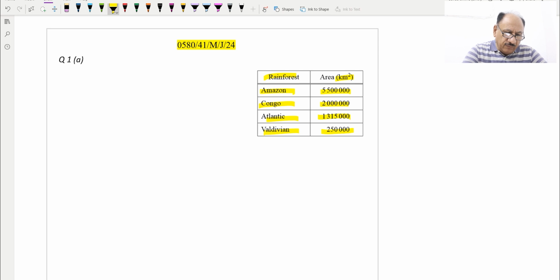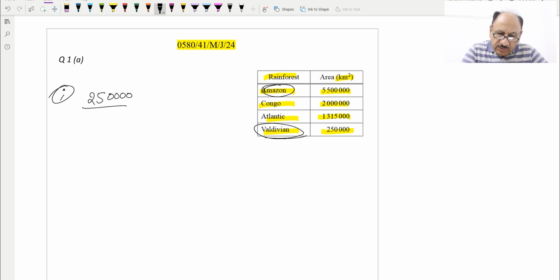And part one is asking, find the area of this rainforest as a percentage of the area of Amazon, which is this one. So we will write 25 and 4 zeros divided by the area of Amazon, which is 55 and 5 zeros, and into percentage.